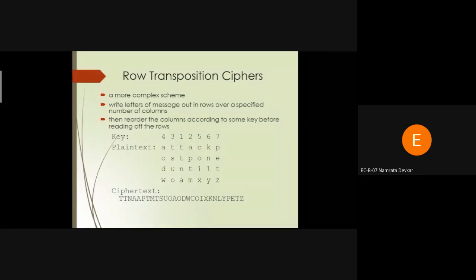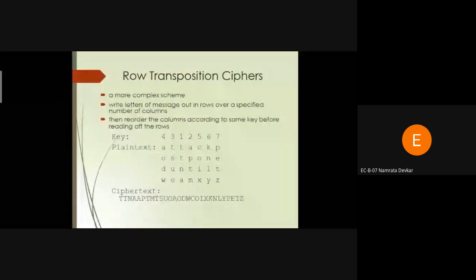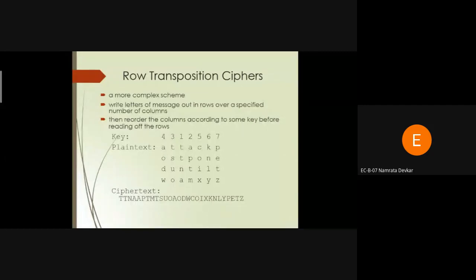If the key is in proper sequence there should not be any problem, but if it is not, as in this example where they assign a random key, then according to this key we consider the sequence: 1, then 2, 3, 4, 5, 6 and 7. So we consider the first number as 1, and we write the letters of the corresponding column.